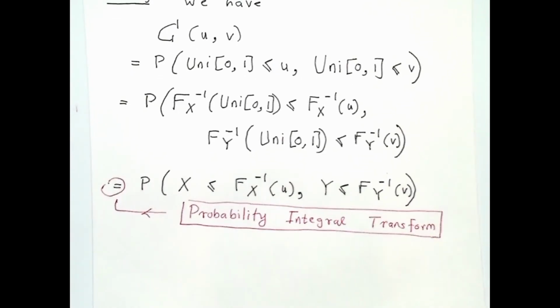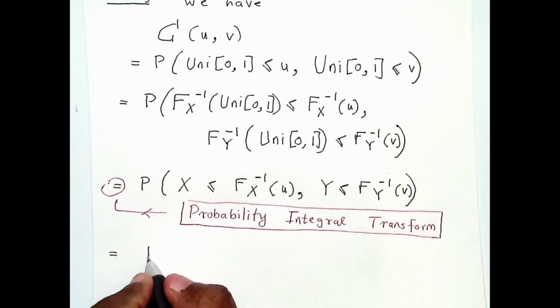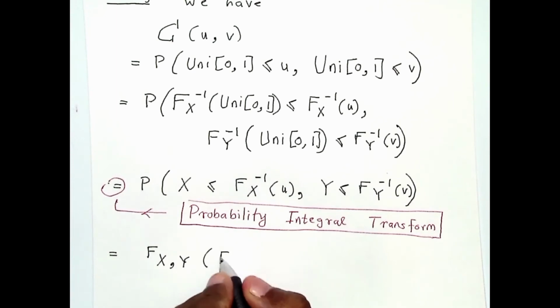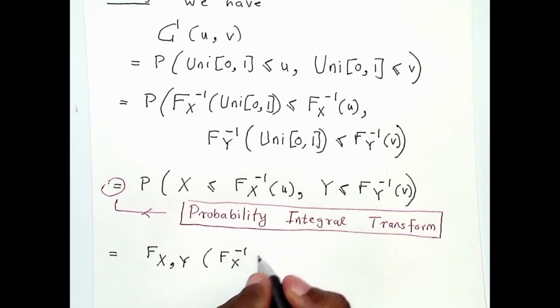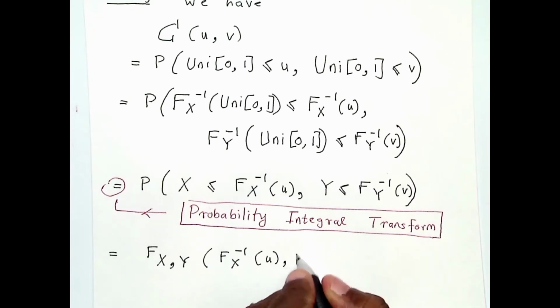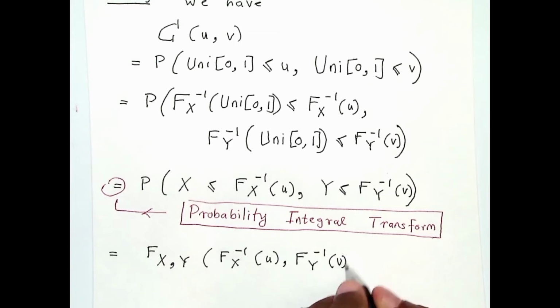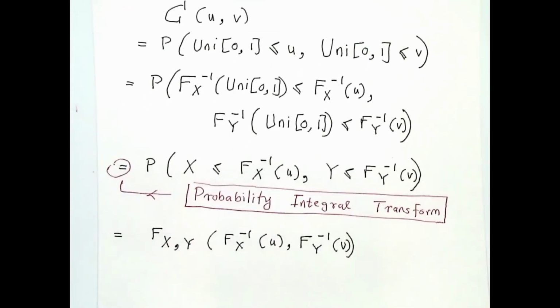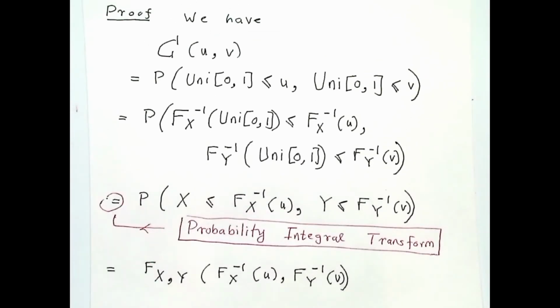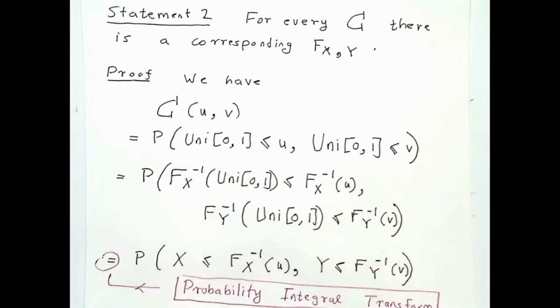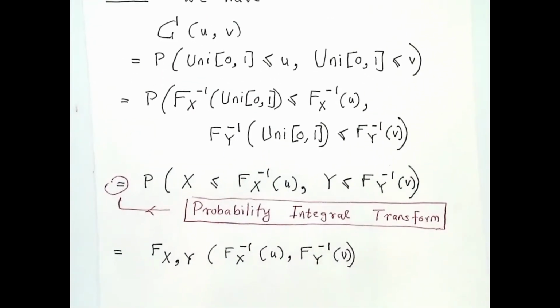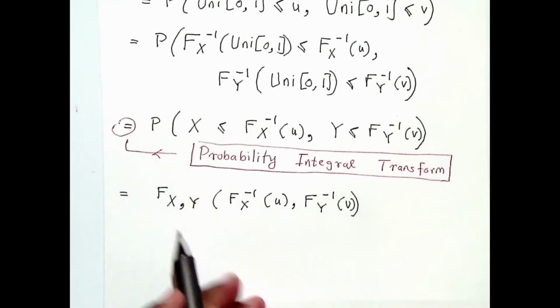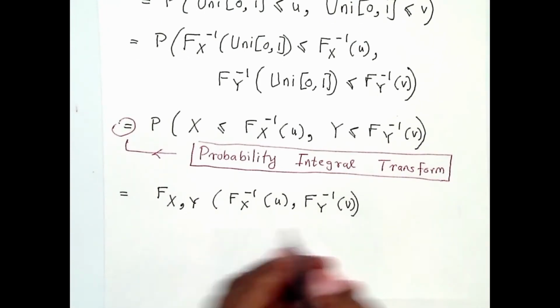Now what you have here is simply the joint CDF of X comma Y. So hence we have shown statement 2, that is, for every copula C, there is a corresponding joint CDF of X and Y.